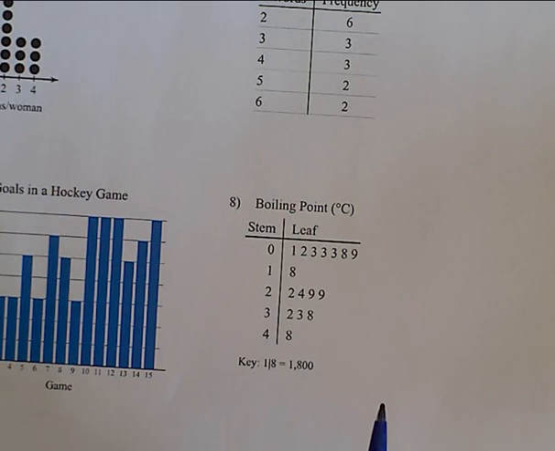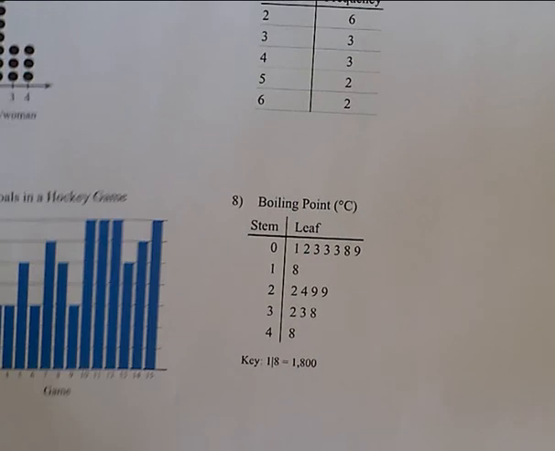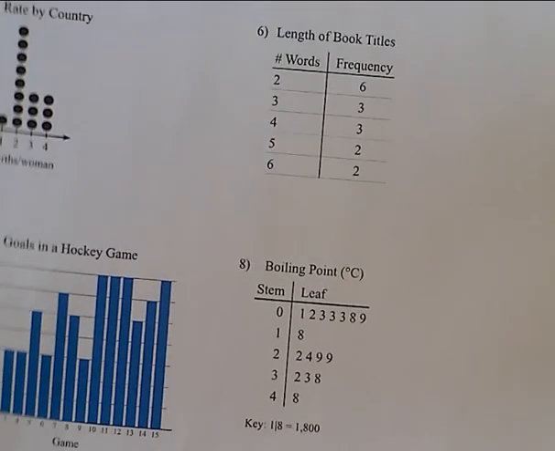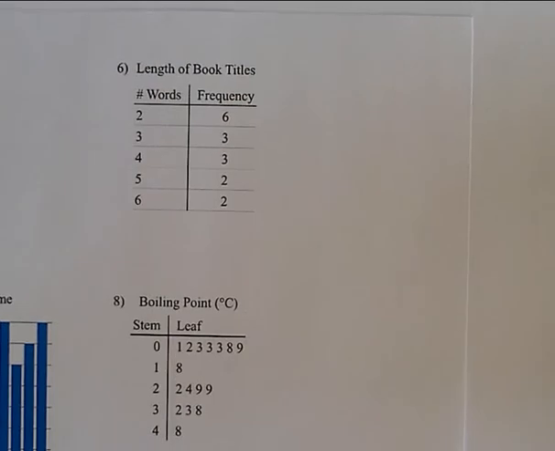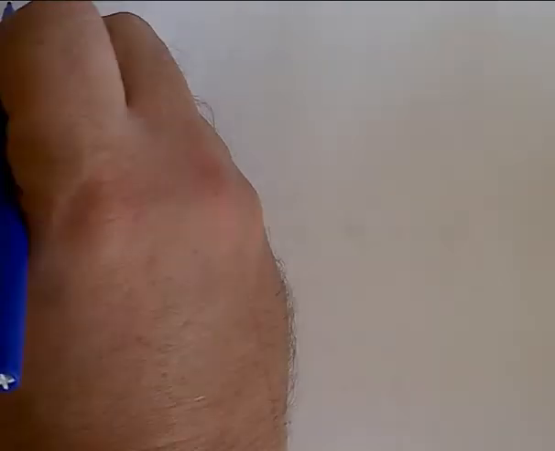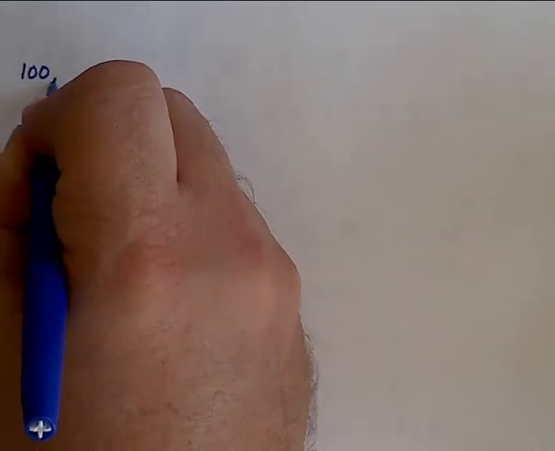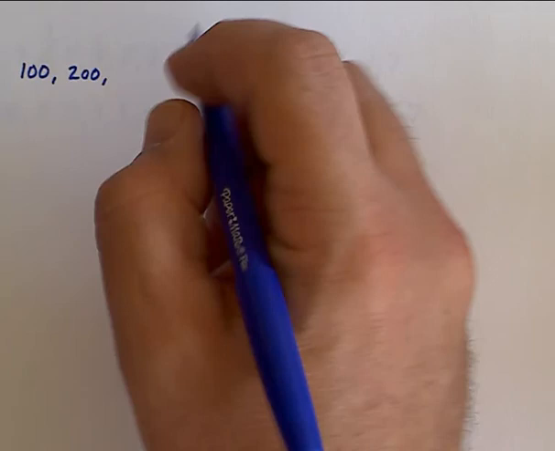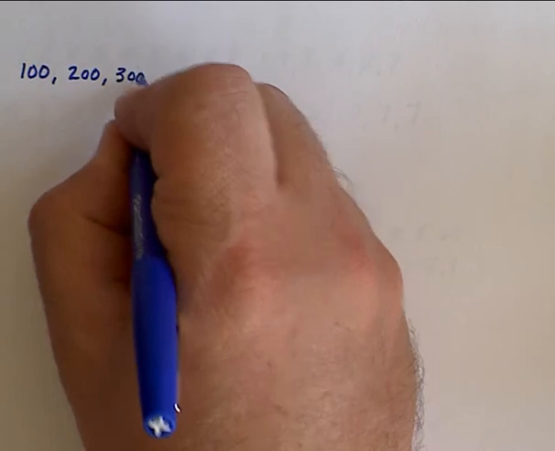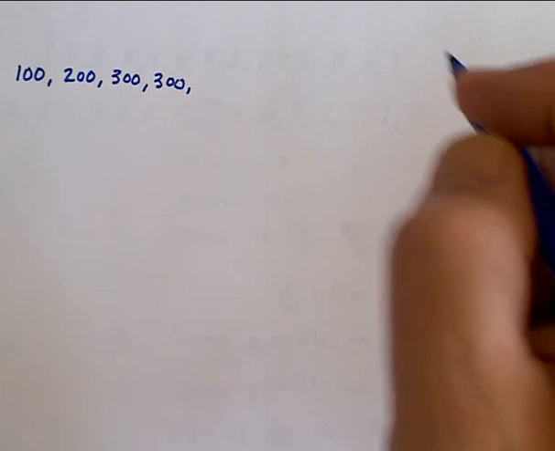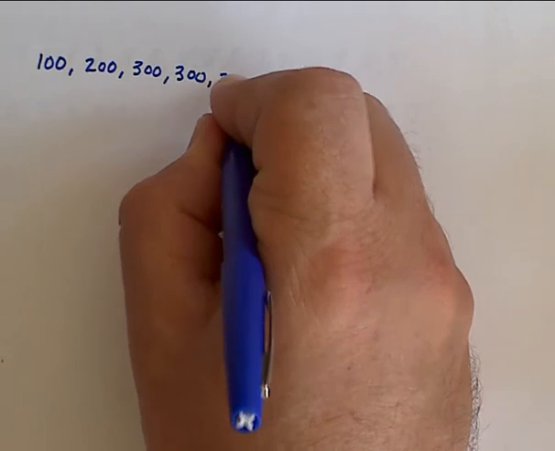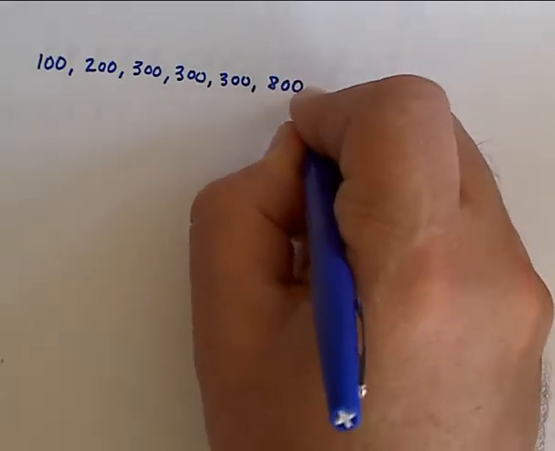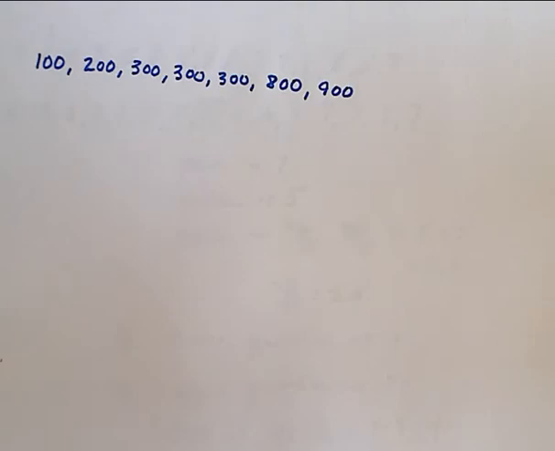1,800. So when I do that with the numbers above, I'm going to plug a 0 in for the first 6 numbers. That's the thousands digit. So the 01 is actually 100, 02 is 200, 300, 300, and one more time, 800, 900, and there's the first set of numbers.